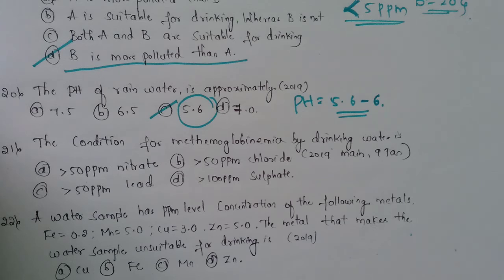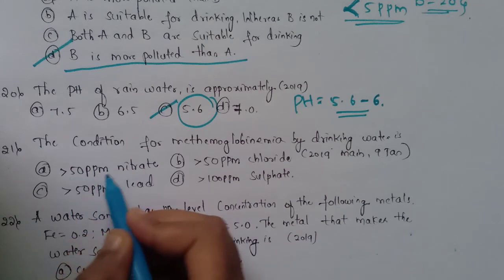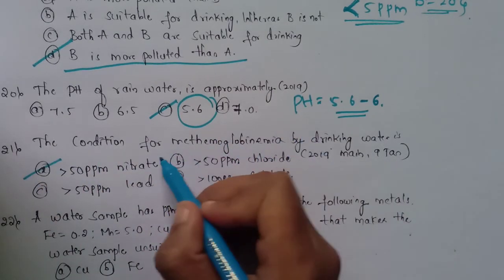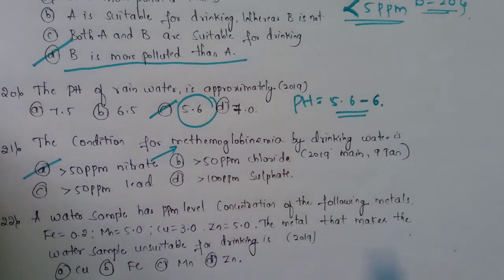It is also called blue baby syndrome. It may also cause stomach cancer. So an excess of NO3 minus, more than 50 ppm nitrate, is the cause for methemoglobinemia, also called blue baby syndrome.